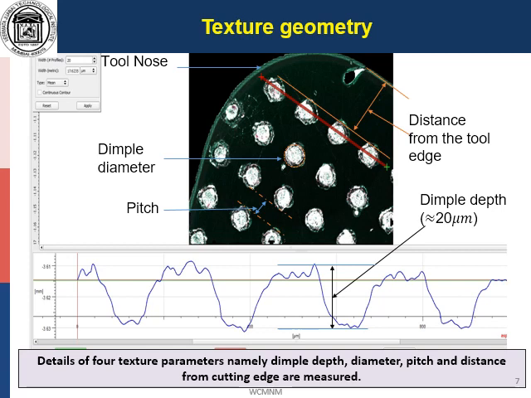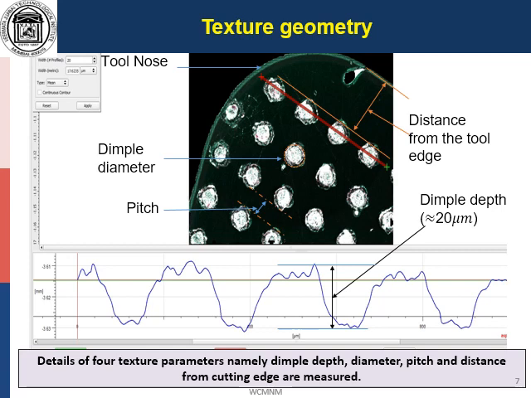Arrangement of dimples on the cutting tool and their size are key factors, as the optimum configuration of these features will result in maximum efficiency of the texturing effect during the cutting process.